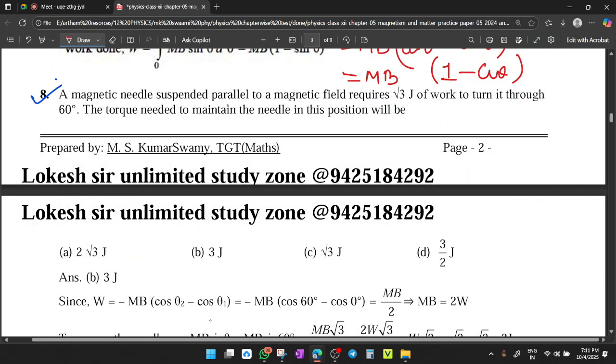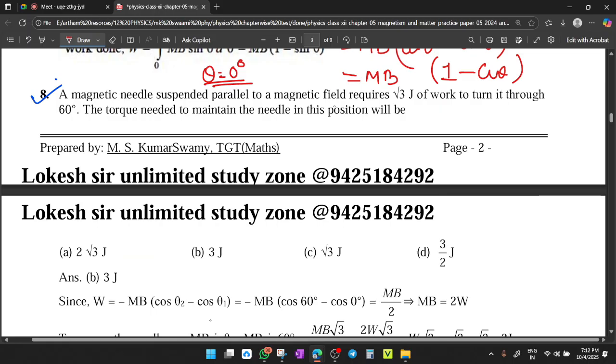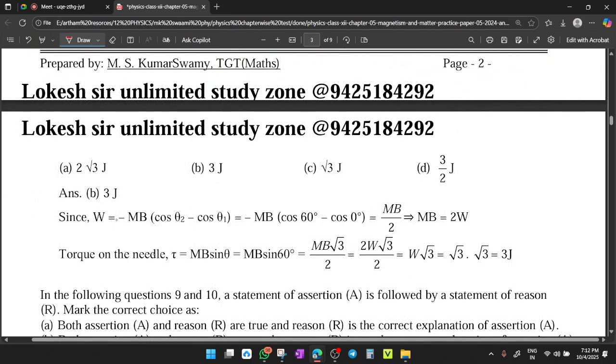Next, question number 8. A magnetic needle suspended parallel to the magnetic field. Initially theta equals 0 degrees, as it is parallel to the magnetic field. It requires root 3 joule of work done to rotate it through 60 degrees. The amount of work done we know is equal to MB (cos theta 1 minus cos theta 2). The torque needed to maintain the needle in its position will be? So the formula is minus MB (cos theta 2 minus cos theta 1), the same as MB (cos theta 1 minus cos theta 2).